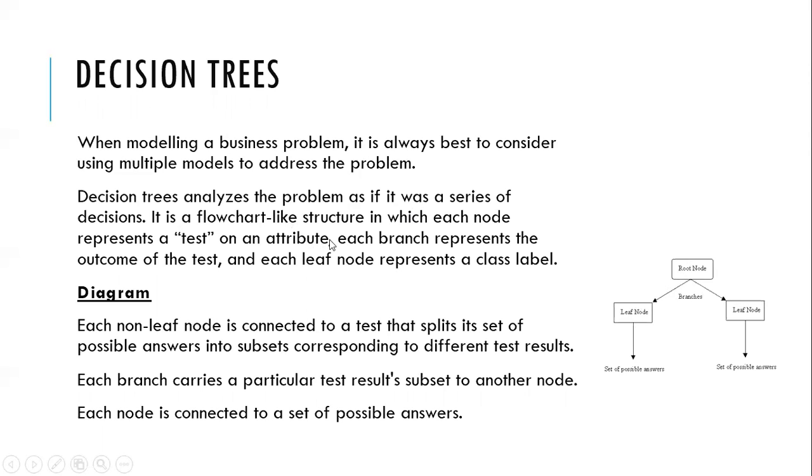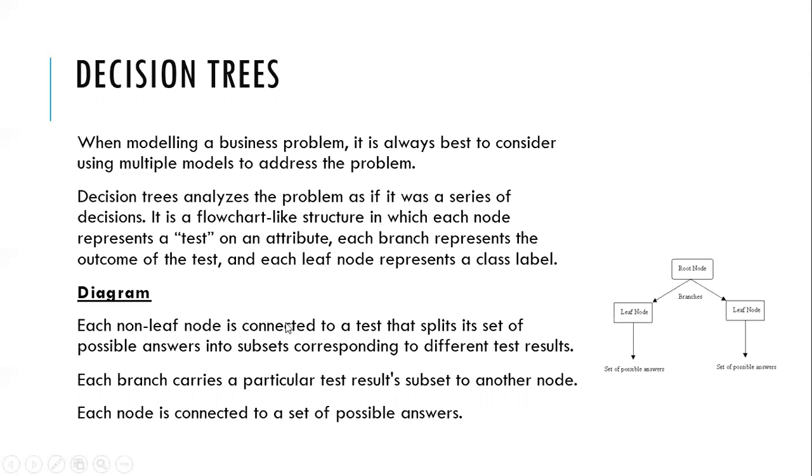So it's a flowchart structure in which each node represents a test on an attribute. Each branch represents the outcome of the test, and each leaf node represents the class label. So this way you have yes, and this way you go no, and as you go down the branch, you would have more possible outcomes.